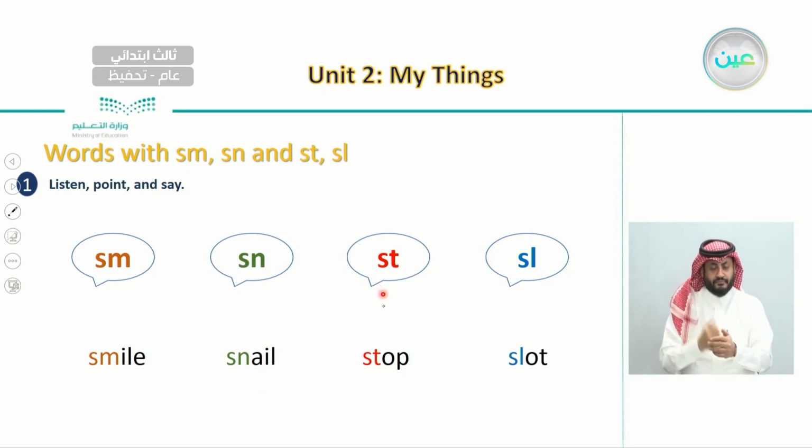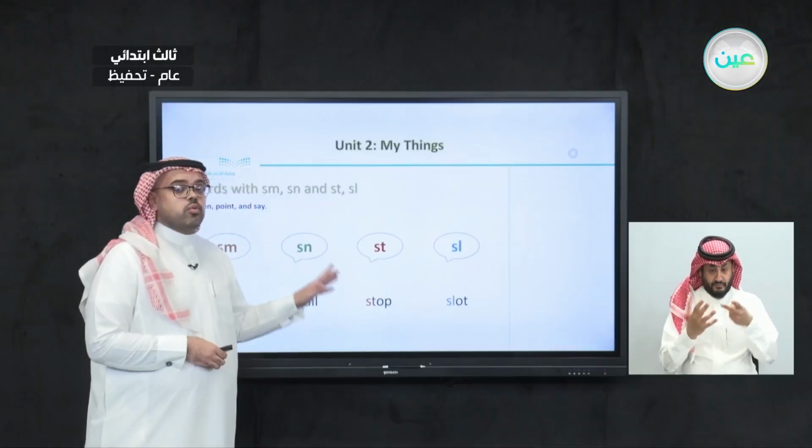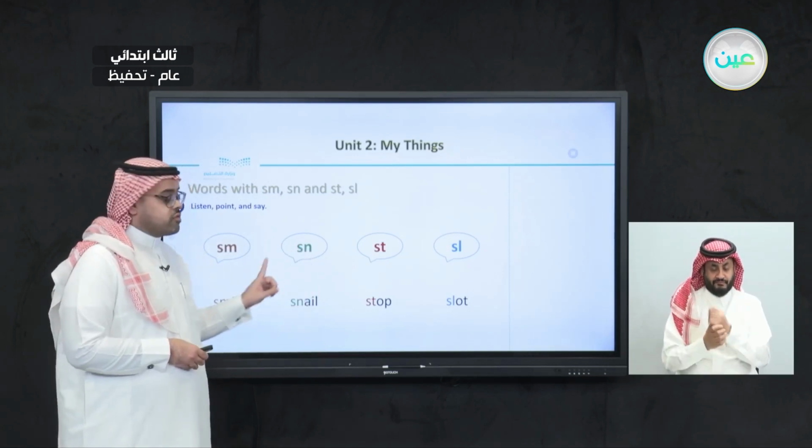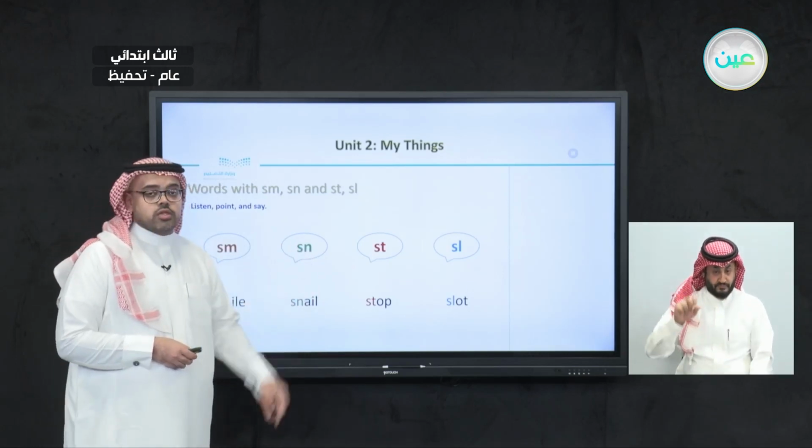And the third word that starts with S and T is stop. Stop. And the fourth word that starts with S and L is slot. Slot. Very good. So here we have these four words that start with four different sounds: smile, snail, stop, and slot.